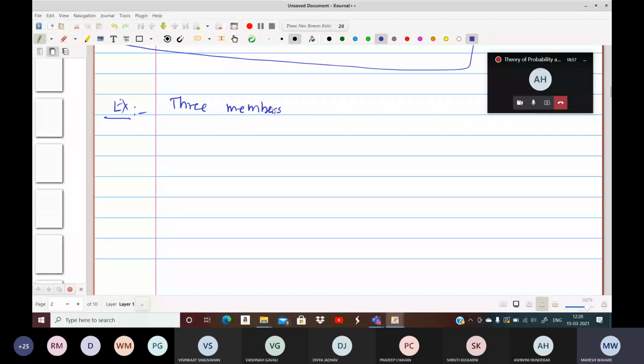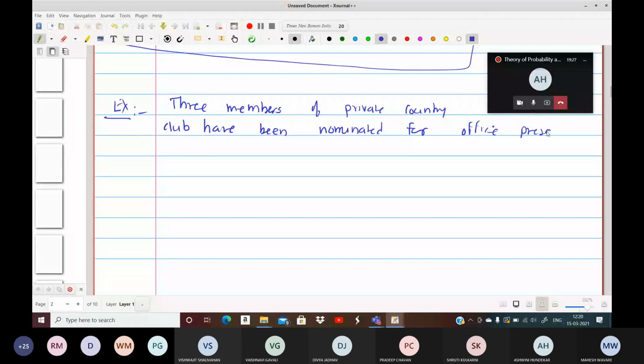Three members of a private country club have been nominated for office, president.